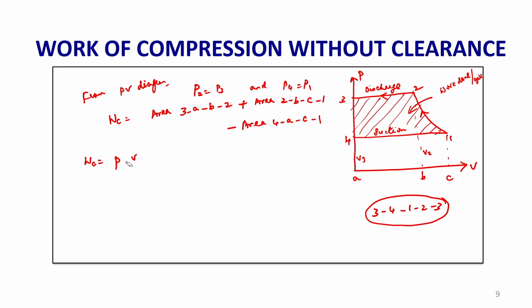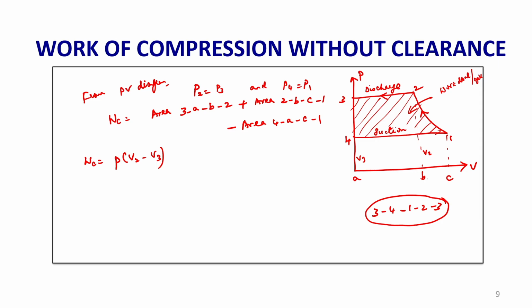So, it is P into V2 minus V3. But what is V3? V3 is 0 because there is no clearance provided here.